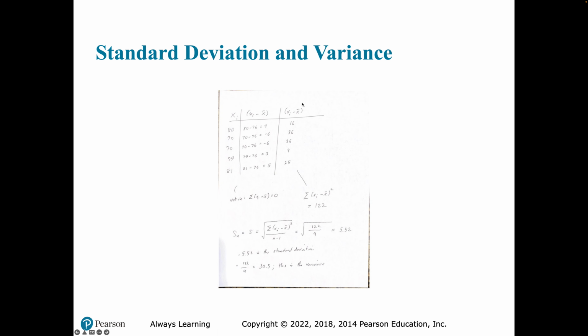So what they did is they squared this value. Instead of 4, they had 16. Instead of -6, they had 36. All of these became positive. That eliminates the possibility of the sum being 0, unless, of course, all the numbers are the same.